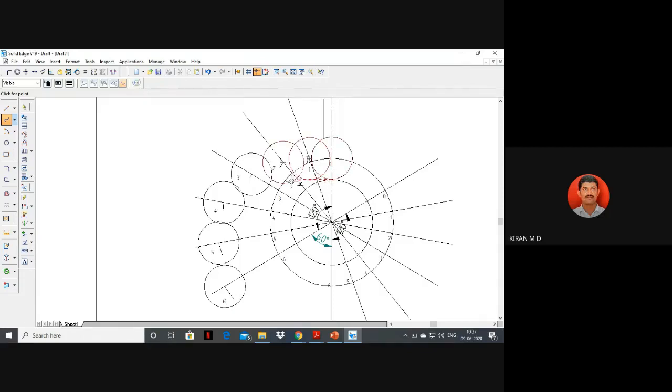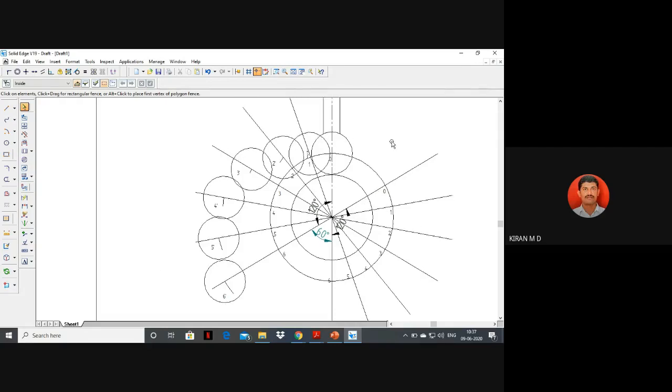Manually, you can just join the tangent lines using a smooth curve. So you can draw that manually.